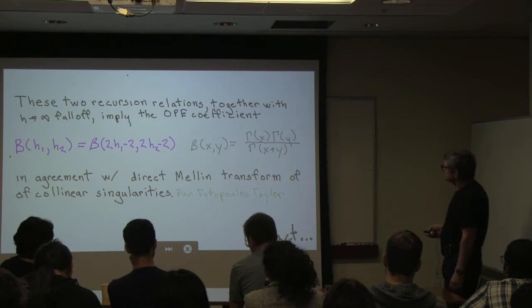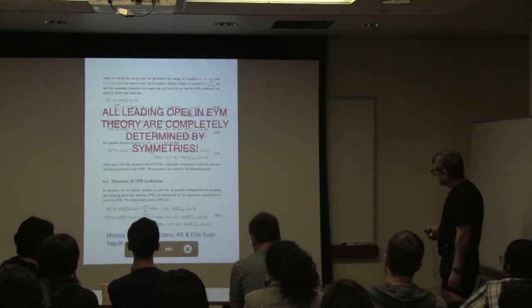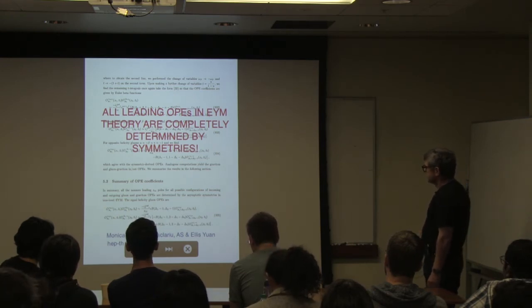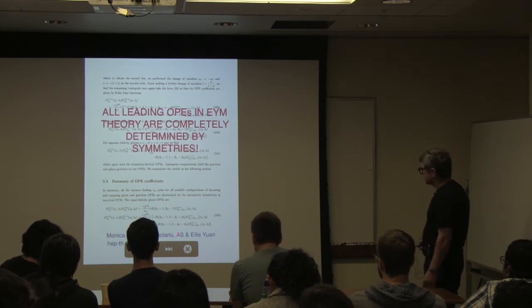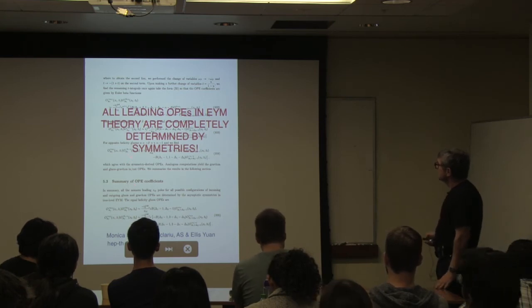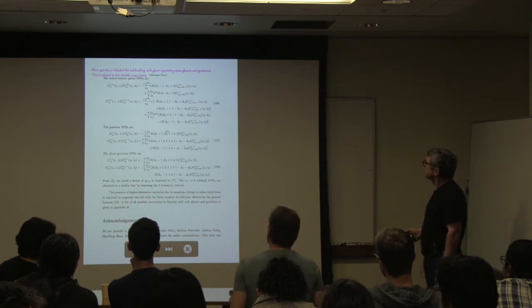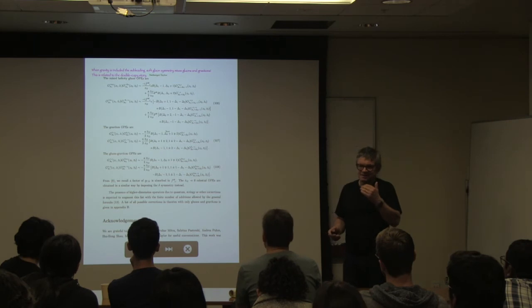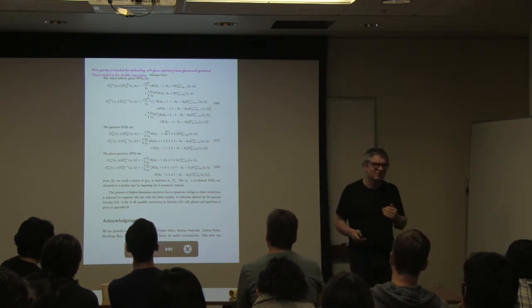Okay, so we just reproduced what Fan, Fotopoulos, and Taylor did, but in fact, in a paper last fall with Monica Pate, Anne-Marie Raclariu and Andrew Strominger, we showed that all the leading OPE coefficients are determined by the leading, subleading, and in gravity, the subleading soft theorem.